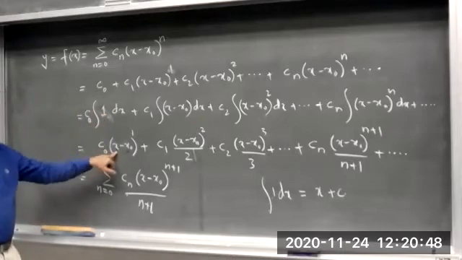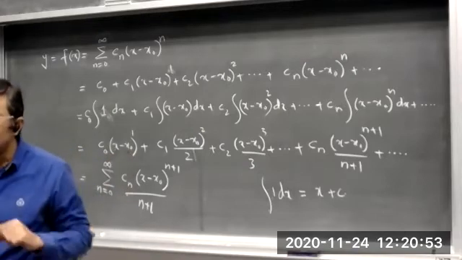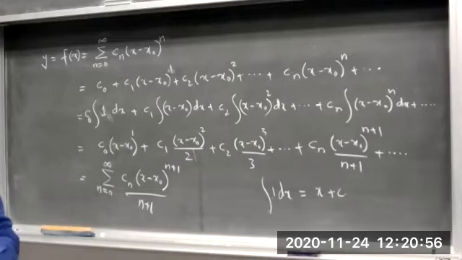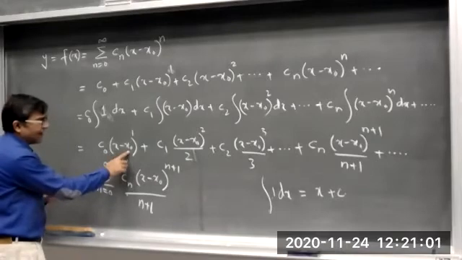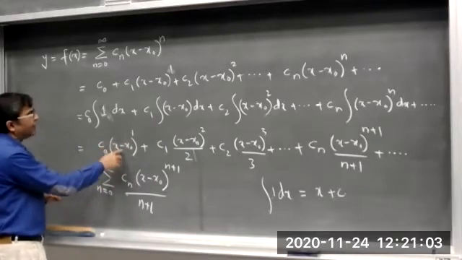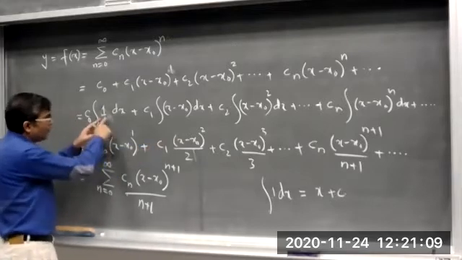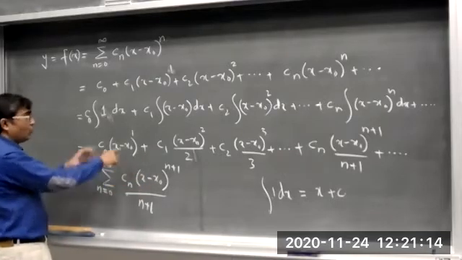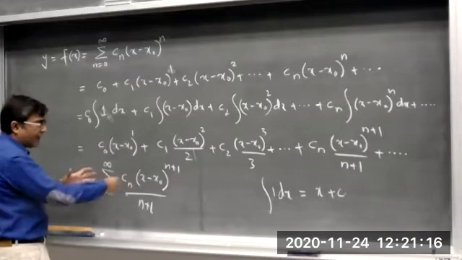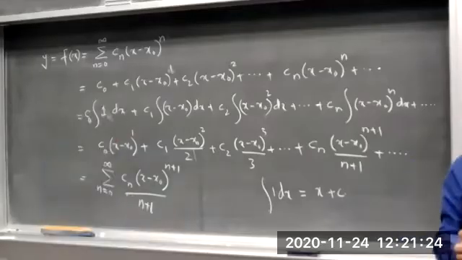Now the integral of 1 can be x and also x minus x naught, because x naught is some constant. For our convenience, we can write x minus x naught, because its derivative again comes out to be 1. To bring the uniformity in the power series, we write x minus x naught so that we can write the nth term, or write this series in sum form. Are you clear?